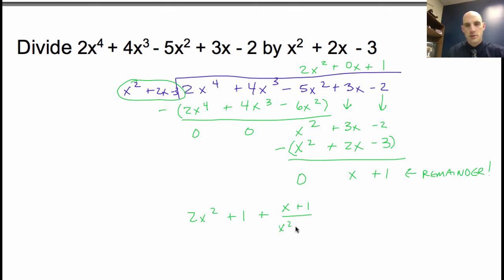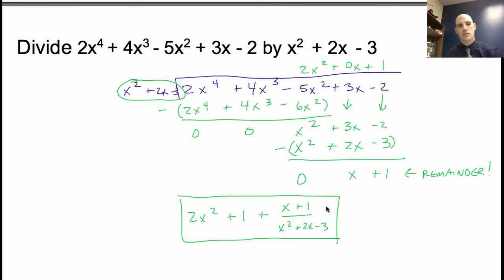So x squared plus 2x minus 3. And so a remainder just gets written as a fraction on the end. So this is my answer to my problem. Okay, use that remainder to come up with a fraction on the end of that polynomial.